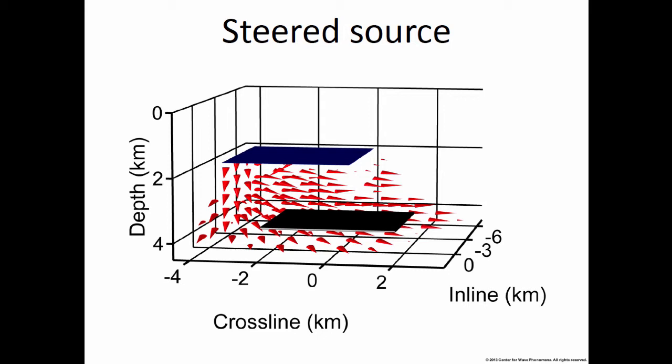This really shows us how the energy is propagating from the source, which is shown as the blue rectangle, down through the reservoir, which is the black rectangle. This Poynting vector is a diagnostic tool that helps us ensure that the steering parameters we've chosen are actually changing the direction of the energy and boosting the signal from the reservoir.